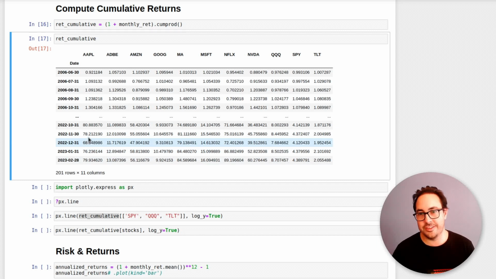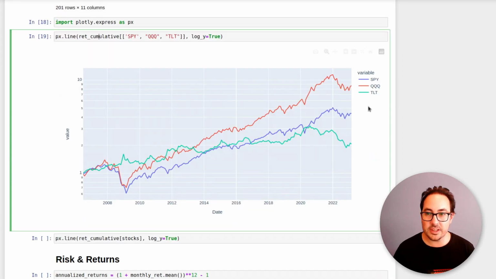That's a lot. Here I have a cumulative return. Let's say you invested $1 in these three assets. And we can see how this grows. If you invest in QQQ, you went from 1 to 8. That's a lot. TLT, 1 to 2. So you doubled, but not great.